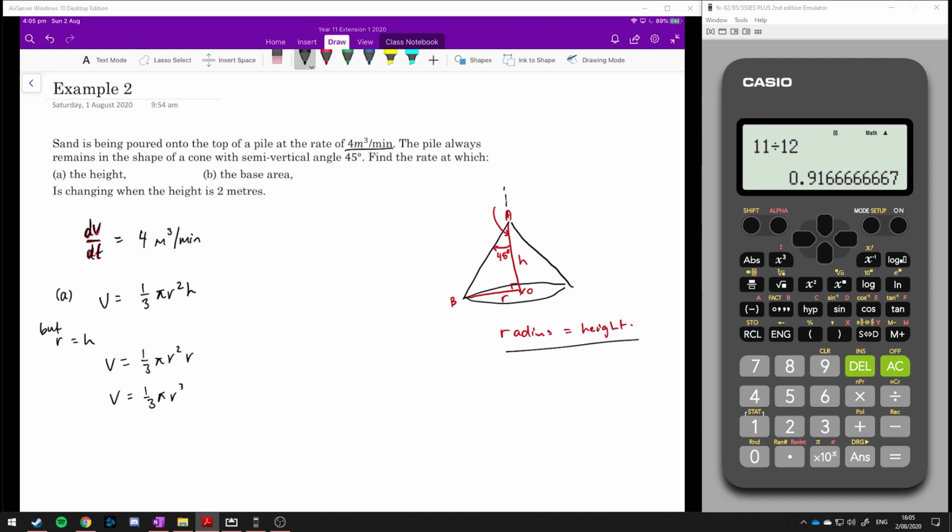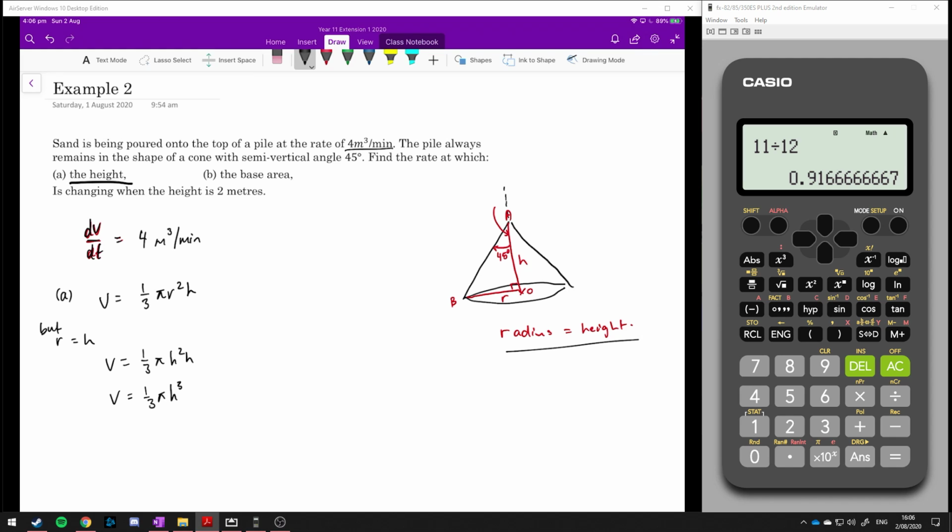Okay, and this is our volume with respect to our radius. Actually, we're asked to find height, so we might do the conversion the other way. So instead, it'd be 1/3 pi h squared h, which is the same as h cubed. Now the reason I'm picking h is because we want the height, and the height we've labelled h, so we'll do it this way, so dV/dh.